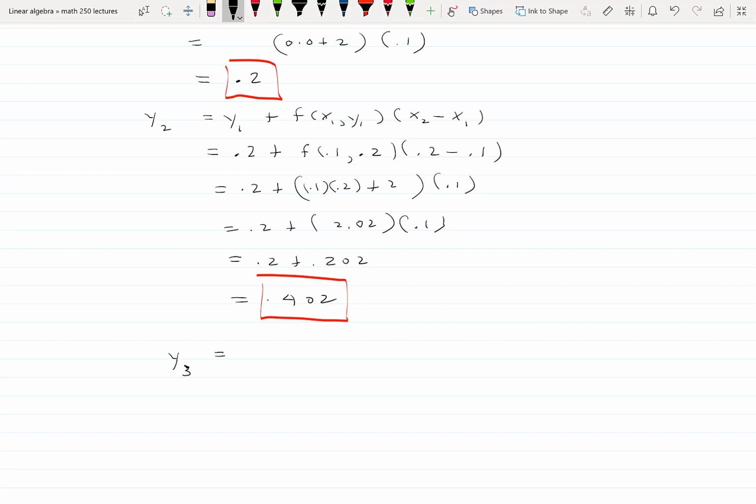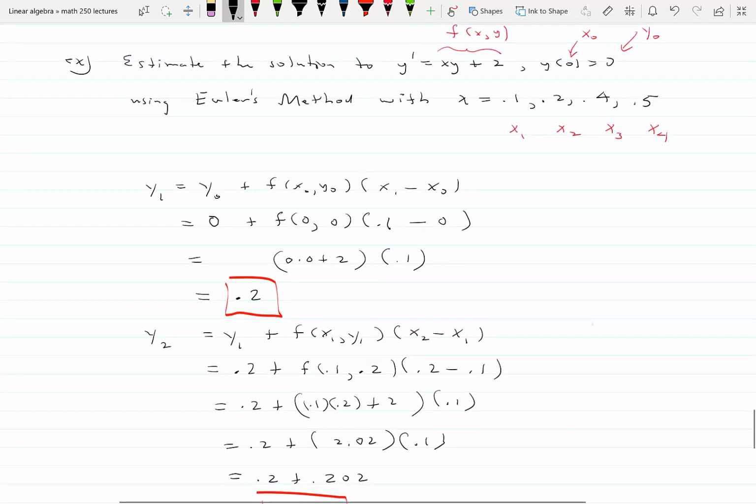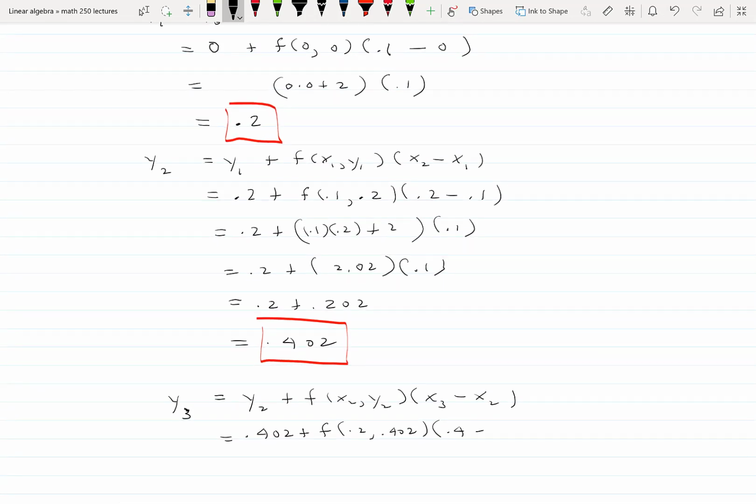So y3 equals y2 plus f of x2, y2 times x3 minus x2, or 0.402 plus f of x2 0.2, y2 0.402, times x3 0.4 minus x2 0.2.